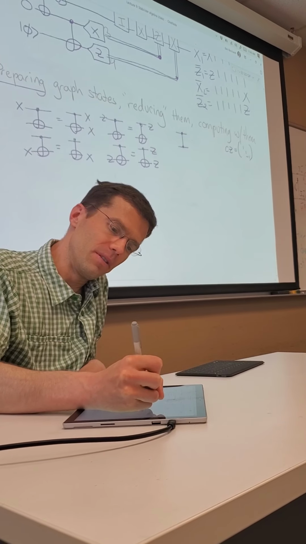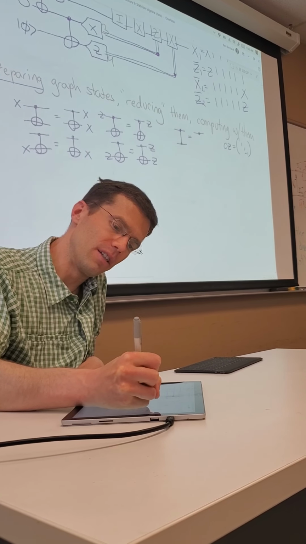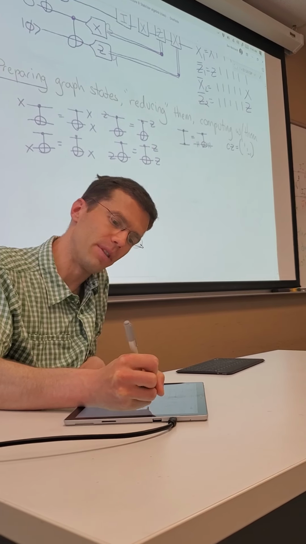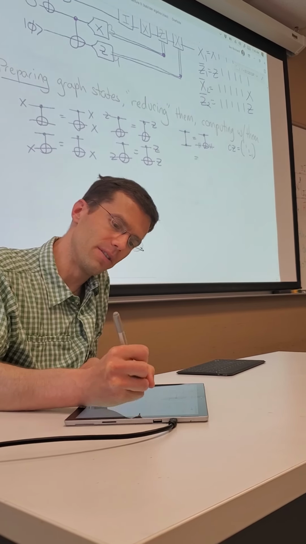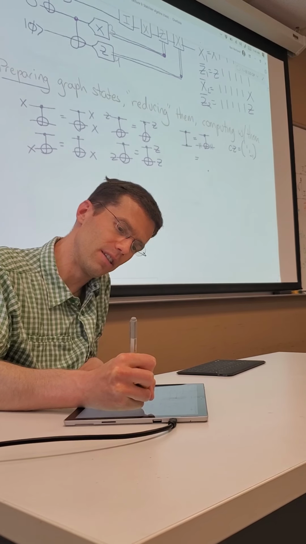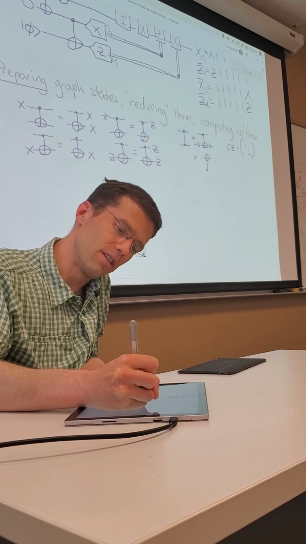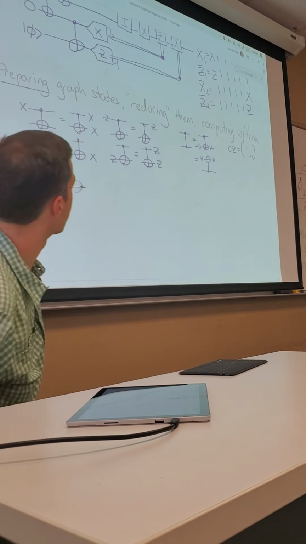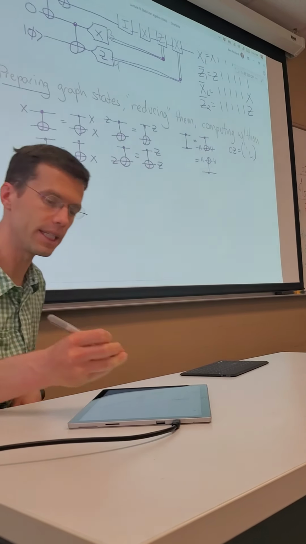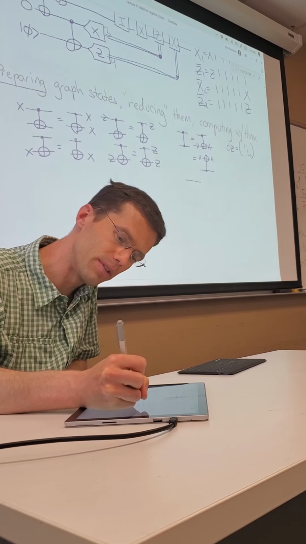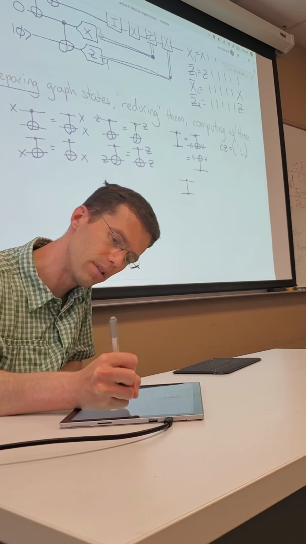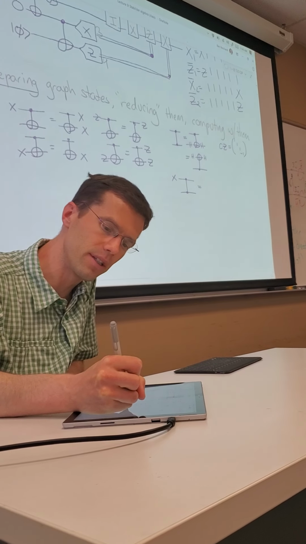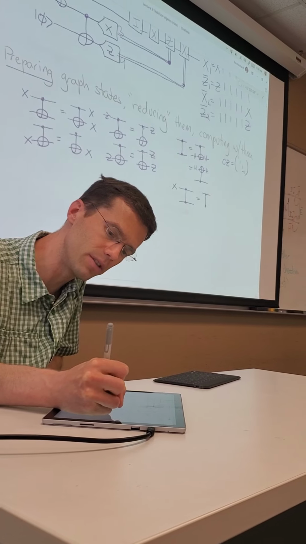So this is equal to a controlled NOT gate conjugated by Hadamards, because the Hadamards change the X into a Z. So this controlled Z gate, if you think about what happens, if I start with an X on the first qubit, that's conjugated by the controlled Z gate.